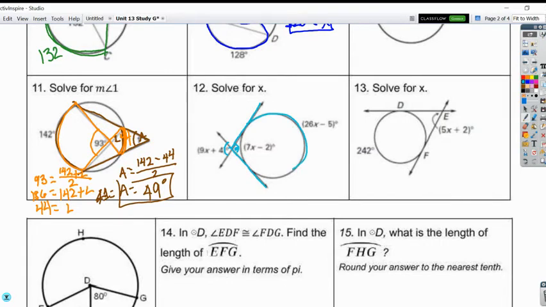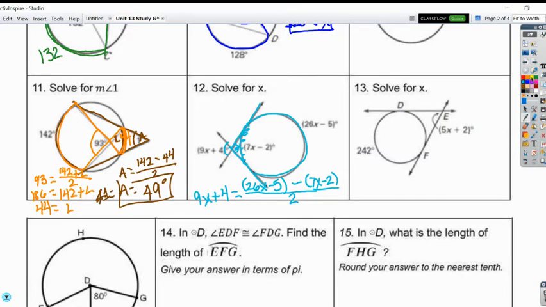And so I've got to set it up then. My outside angle as 9x plus 4 is equal to, now I'm going to do the difference, the big arc, 26x minus 5, minus the little arc, find that little arc here within the flashlight beams, that's your 7x minus 2, and all of that gets divided by 2.